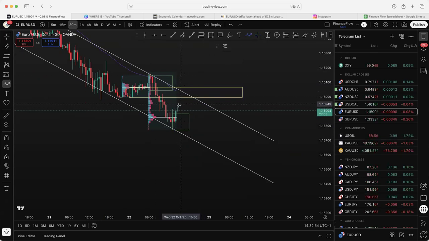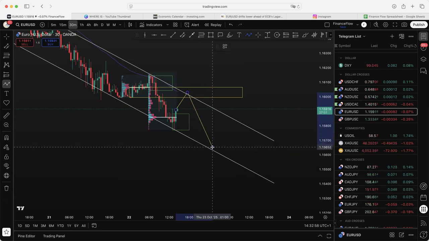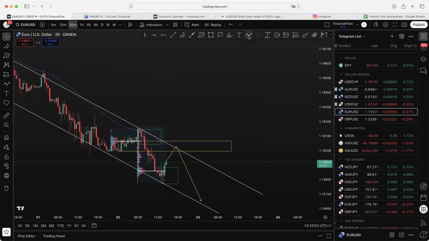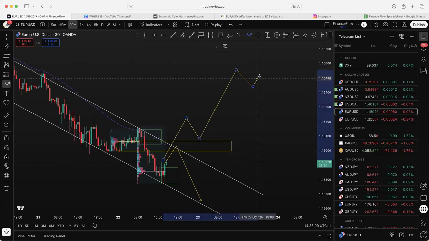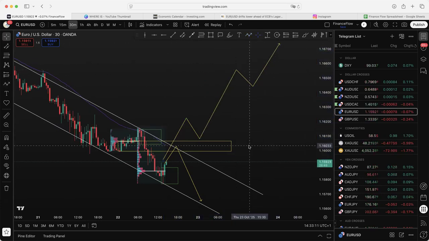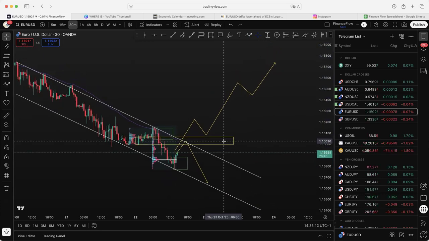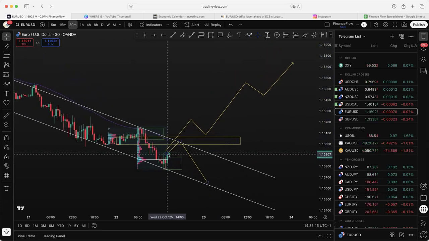But anywhere in this kind of area, I'd like to see something like this happen. I wouldn't look for a long-term buy until we've broken out of this trend, probably this high here, and then start to form this trend. But we'll wait and see. That's probably the only thing I'll be a little bit worried about, but I'm not writing off that this is going to move up.